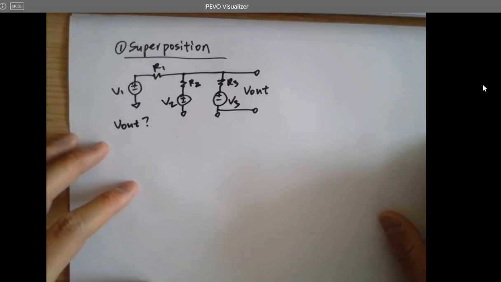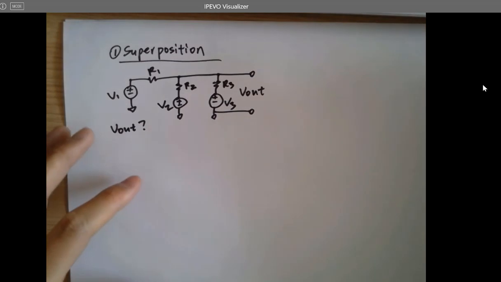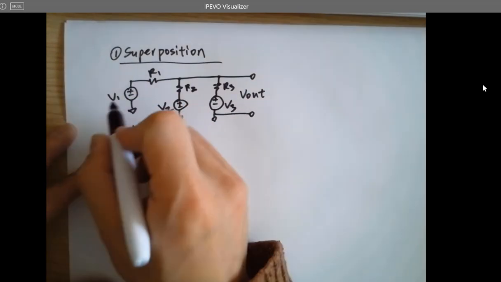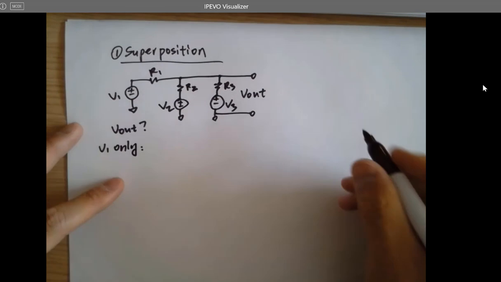The procedure of using the superposition method to solve a circuit, what's the first step? Yeah, one voltage source at one time, and short all the other voltage sources, or disconnect all the other current sources. Okay, let's start with V1. V1 only, then what's going to happen?